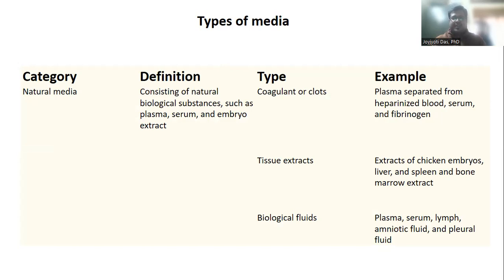And of course, the ethical concerns will come into consideration because you might need to sacrifice the animal or cause pain to the animal to extract that biological fluid. So, though natural media was primitively used, scientists started coming up with chemically defined media, or media composed of inorganic and organic compounds.